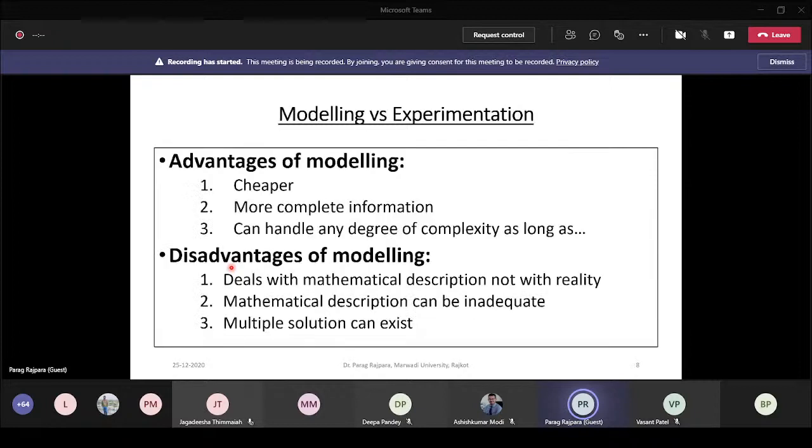So if you compare modeling versus experimentation, what are the advantages of modeling? Of course, modeling is cheaper. It is not free. Numerical simulations or CFD analysis are not completely free, but of course it is cheaper compared with experimentation. Why is it cheaper? Because suppose you have a code and you are doing some simulations.